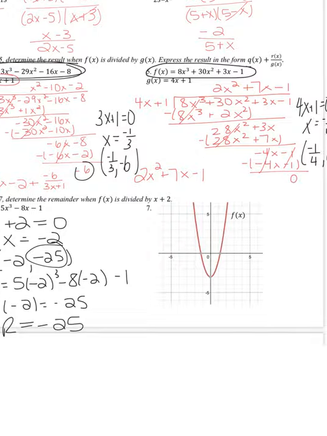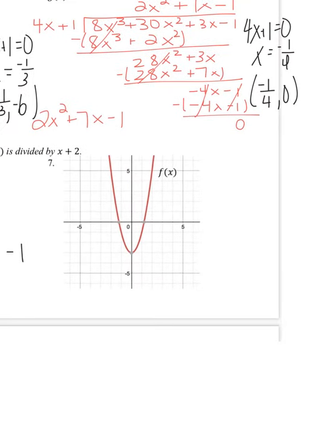For number 7, it's the same idea, just with a graph. So again, x plus 2, we want to see the remainder when it's divided by x plus 2. So I need to look at the y value when x is equal to negative 2. So I go to negative 2, which is right here. It hits the graph up here.